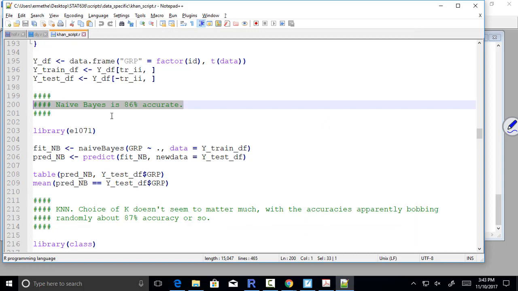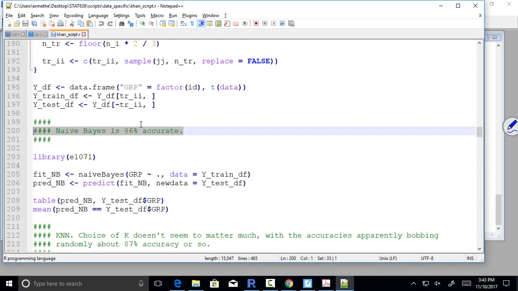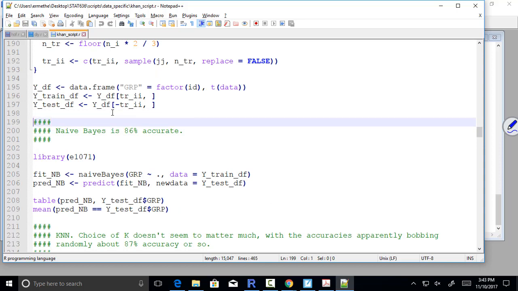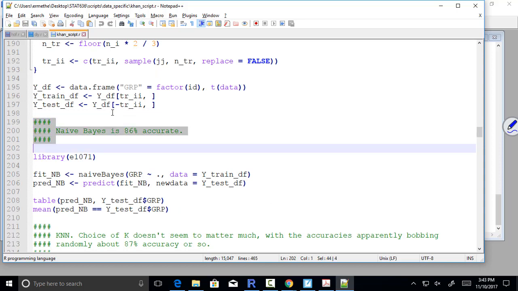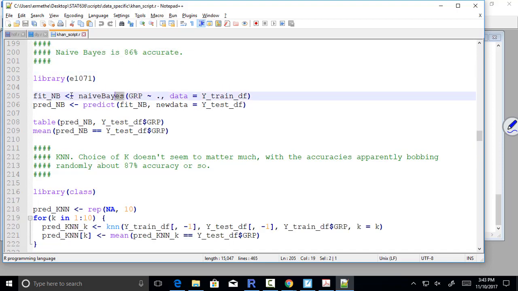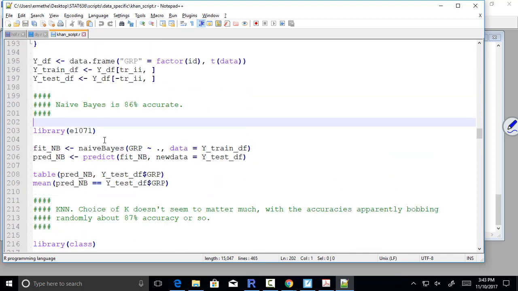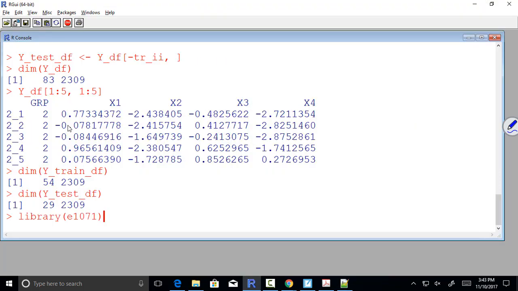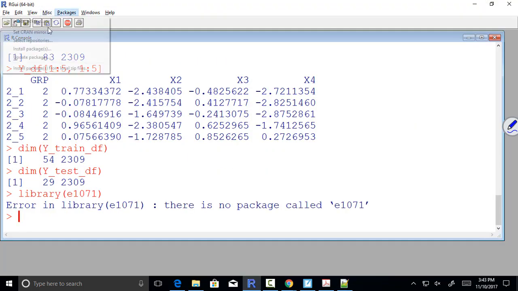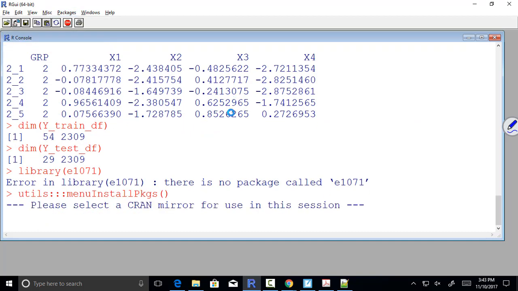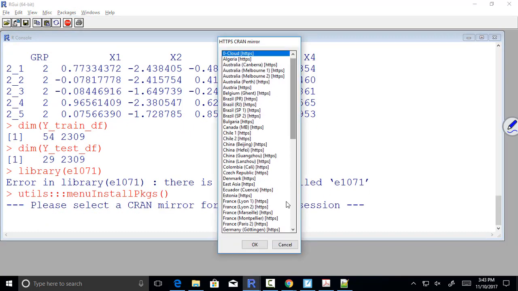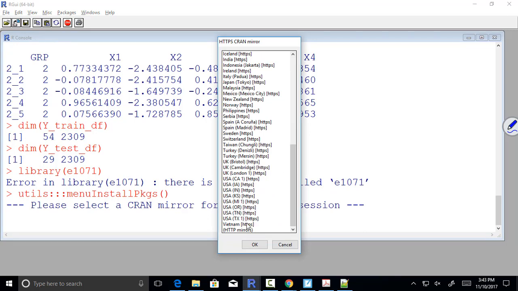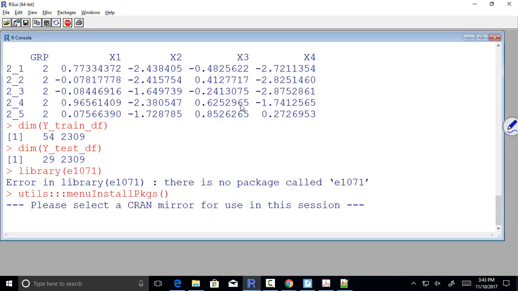Back in the script, I have a section for doing the naive Bayes prediction algorithm. Turns out there's a built-in function for that. Let's see if I have this package. I'm going to try to install the package that contains the naive Bayes function.